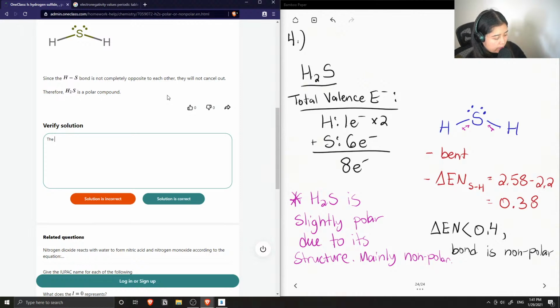The explanation for this solution is mainly correct.